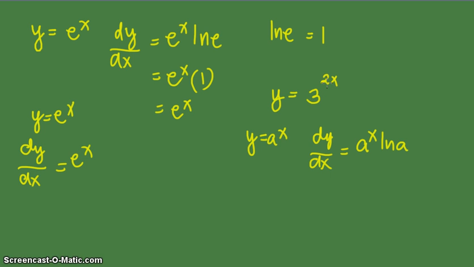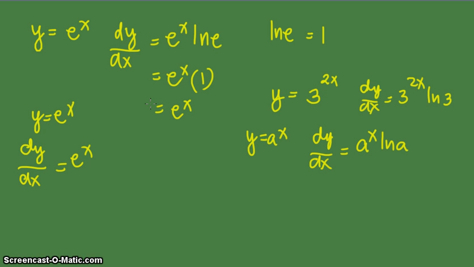But since this is already a 2x, then we cannot just say dy dx is equal to 3 to the 2x times ln of 3, because this rule will only apply if the exponent is simply x. So how can we get the derivative if the exponent is no longer x?